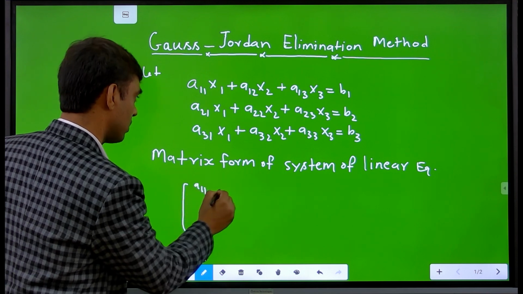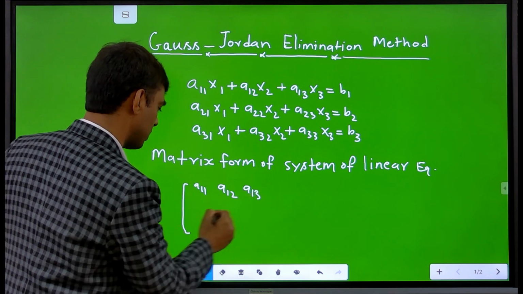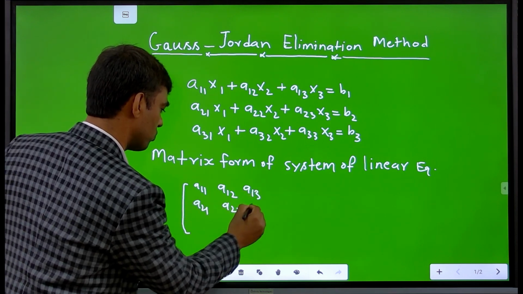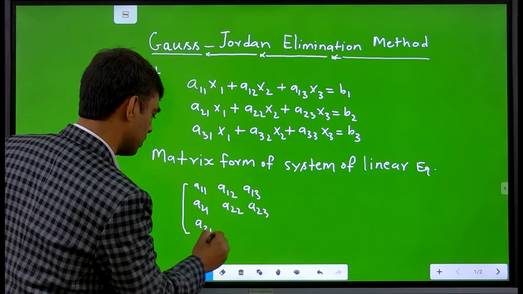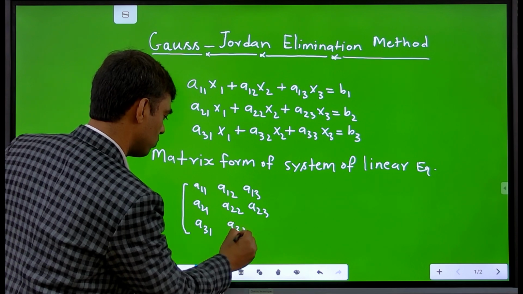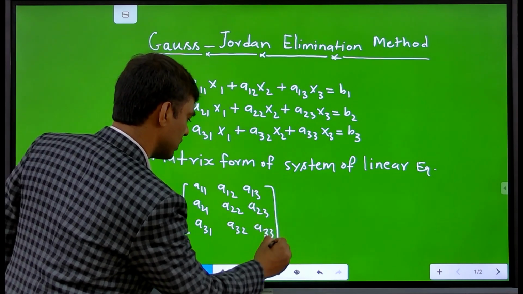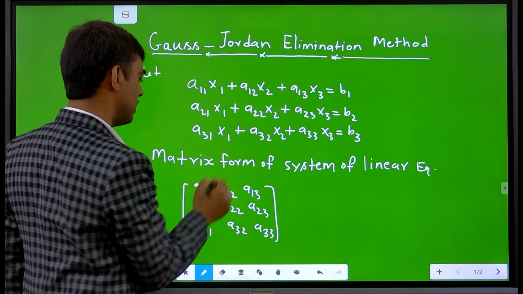So this is a11, a12, a13, a21, a22, a23, a31, a32, a33. This is the coefficient matrix of x1, x2 and x3.